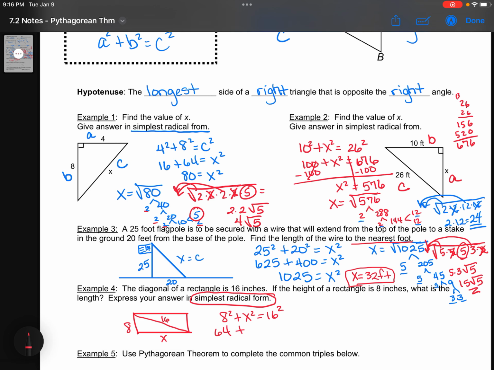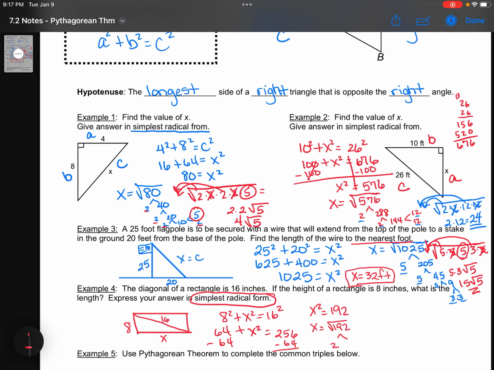So I have 64 plus x squared equals 256. I'm going to subtract 64 from both sides, and I'm going to get x squared equals 192. X equals the square root of 192.